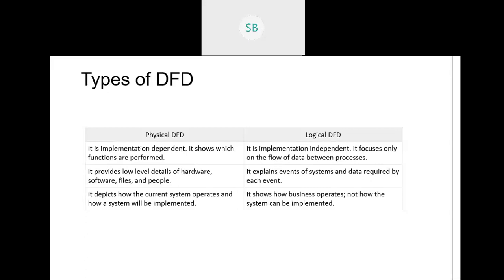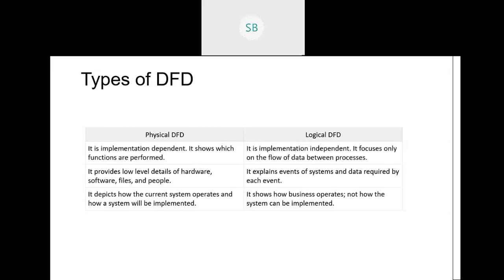Now the physical DFD will provide the details of all the lower levels: what kind of hardware it will involve, what software will be used, files, and people also, how many people and who will be involved. But the logical DFD will explain the events of the system and the data required by each event. You can think of what processes are there and how information will flow. Only that will be explained.